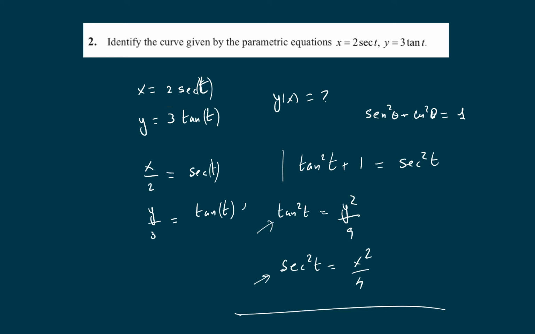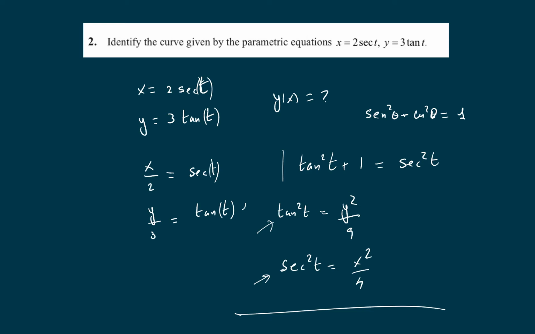And y with t equals 0: tangent of 0 is 0, so y will be 0. You can give the parameter t different values, t equals pi divided by 2, for example, and plot the point x and y for different t. The other thing you can do is use your calculator. Your calculator must have a mode for parametric equations. You plug in these equations and it will draw the hyperbola.